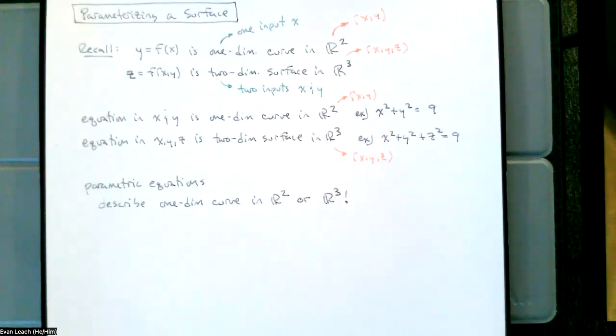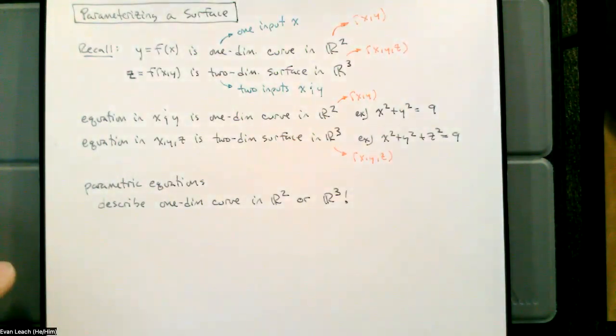That was the big advance in this technology. We can now describe a one-dimensional curve, not just in R2 with some equation or some function. We can also describe a one-dimensional curve in R3 by writing each coordinate as a function of some parameter that sits outside of the space.